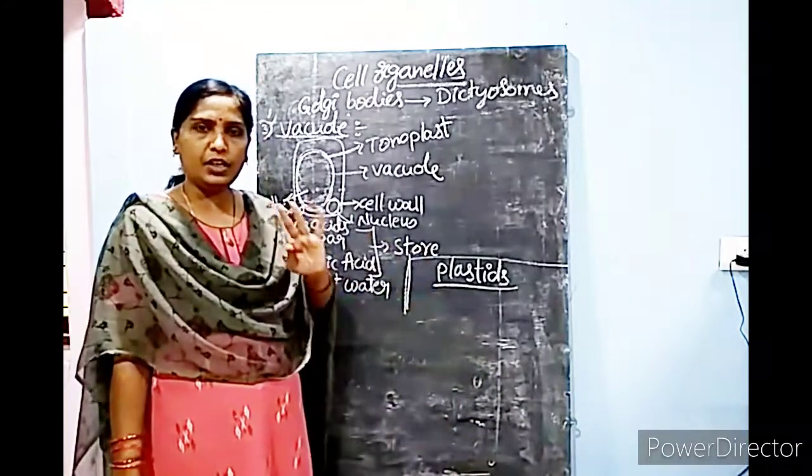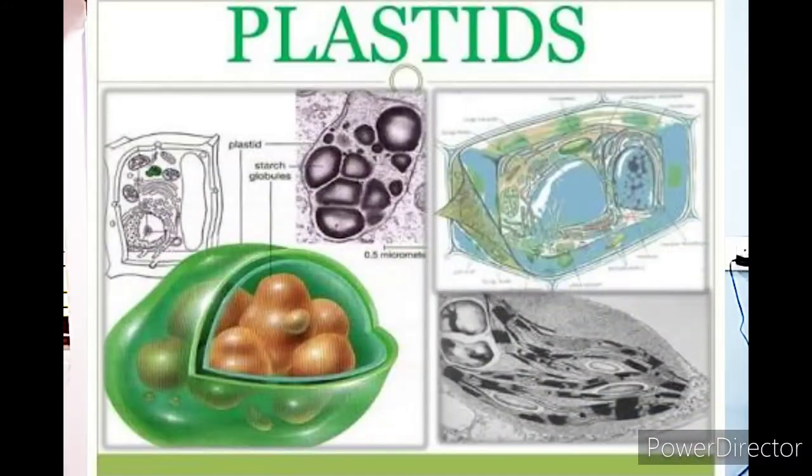And there are three types of plastids present in plants. In plant cells, how many types of plastids are present? One is chloroplast. The second one is chromoplast. And the third one is leukoplast.